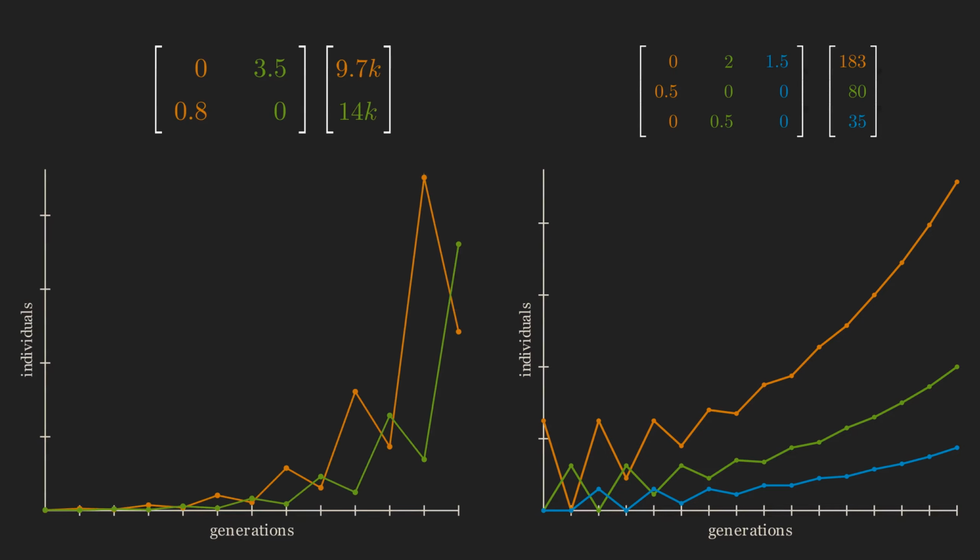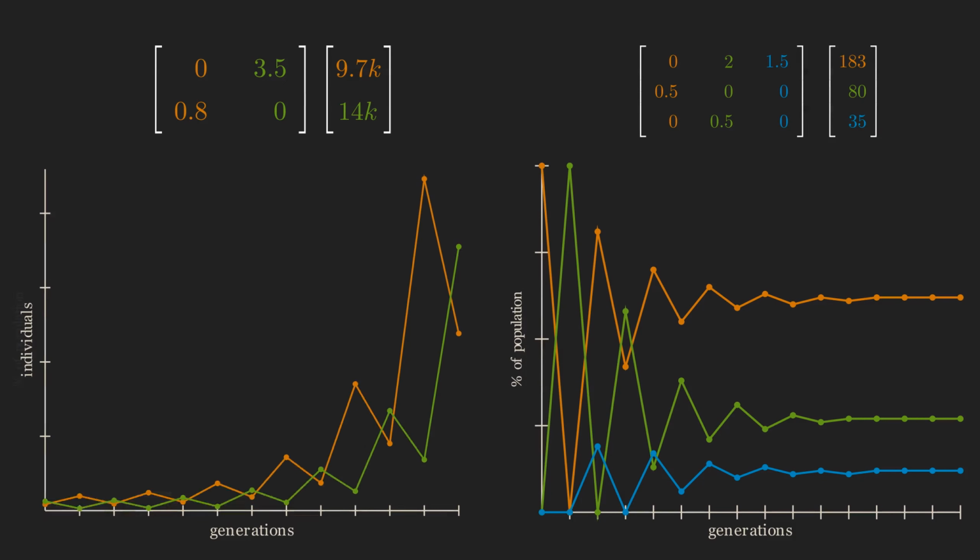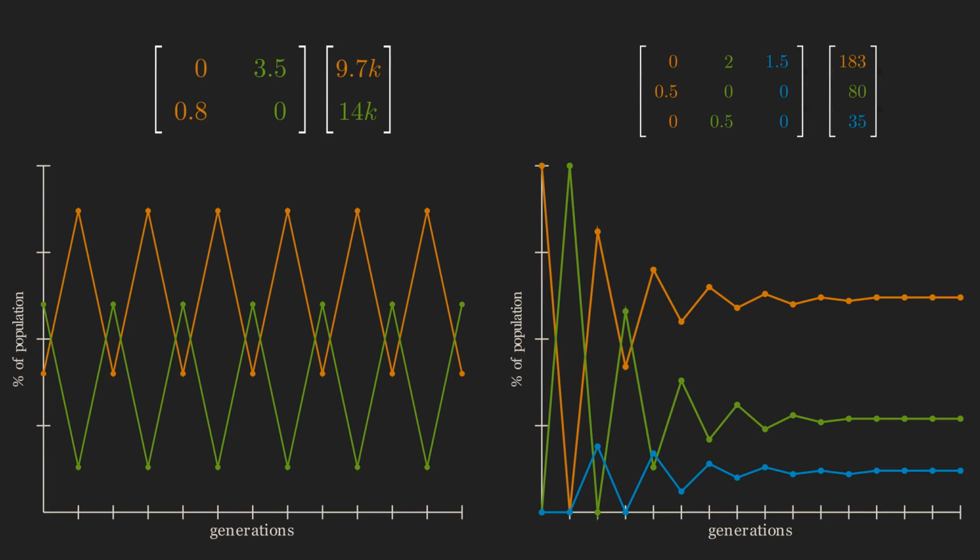And we can better visualize this pattern if we plot the percentages of individuals in each class, instead of the number of individuals. In fact, if we look at the graph of the left population, we can see that even though the total population was growing, the oscillation in the proportions of age classes was always the same, meaning that the population is not going to get stable proportions, it's gonna keep oscillating like it has been.